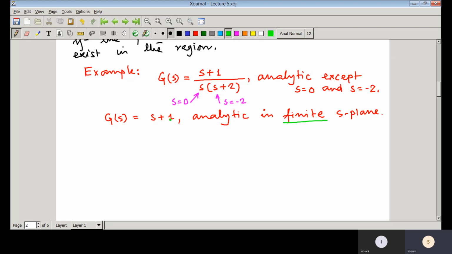So now we'll be discussing an important concept, that is pole and zero of a function. I think all of you have studied poles and zeros of a function in your signals and network course. So here I'll be giving you the formal definition of pole and zero of a function.